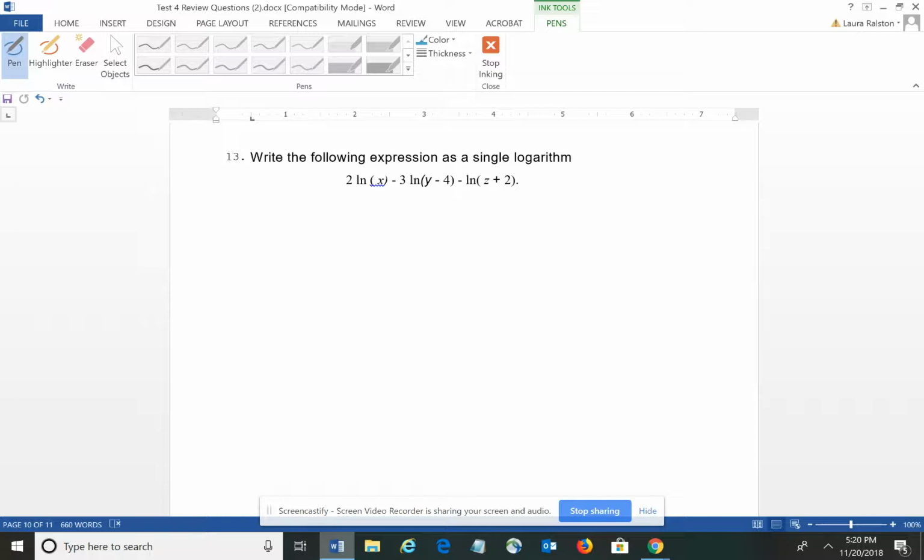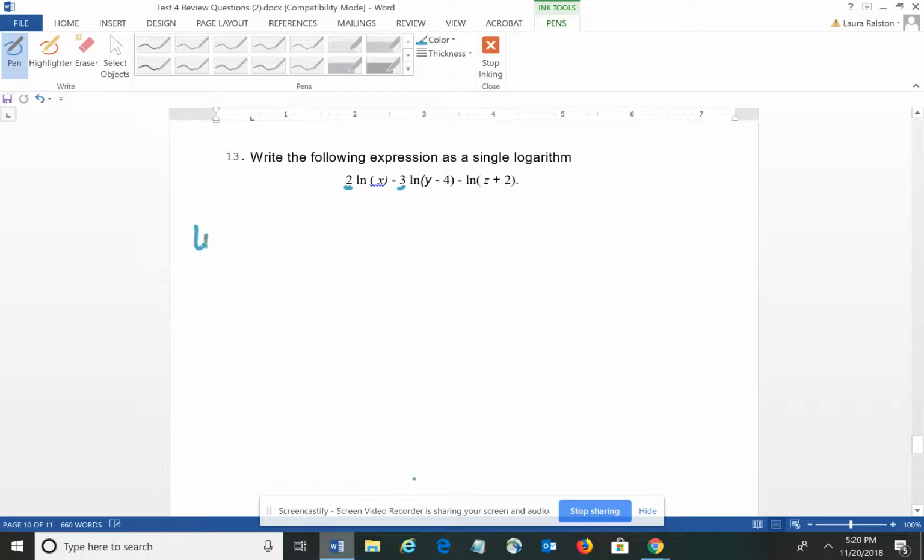Question 13 says, write the following expression as a single logarithm. Initially we have three terms, and we want to rewrite them using the properties of logarithms. The first thing I notice is that I have numbers out in front of the logarithms, and the power rule tells me that they go back up and become exponents.